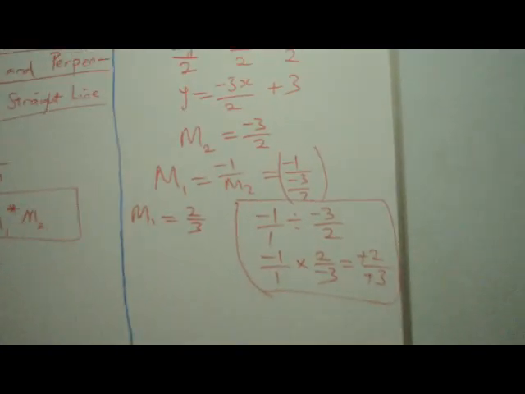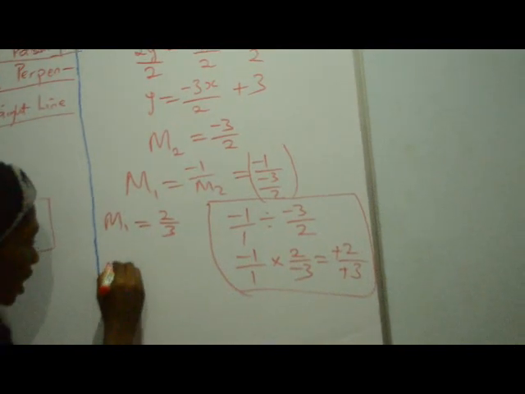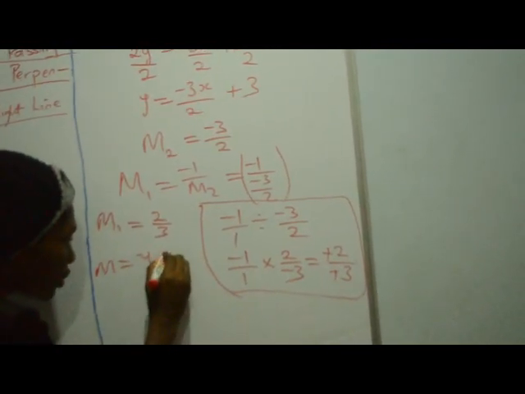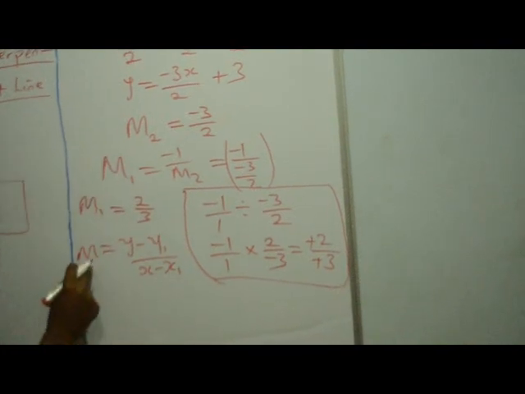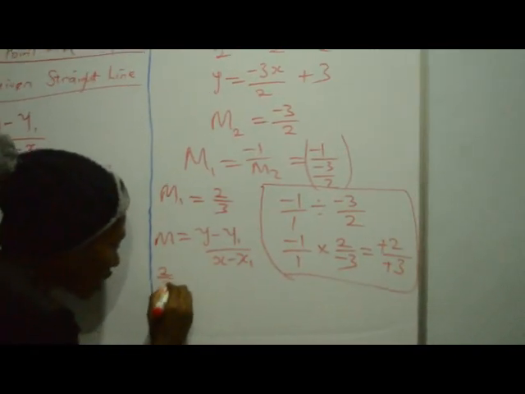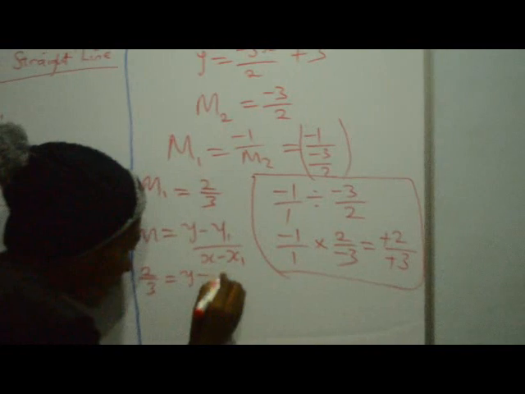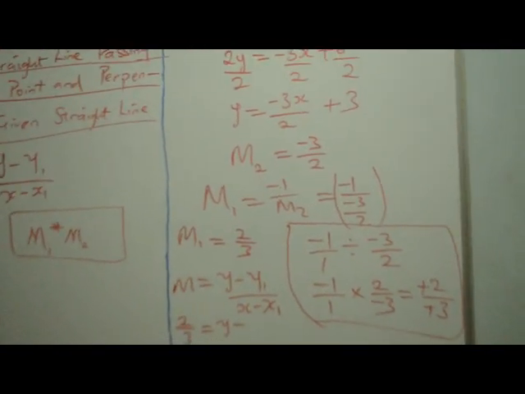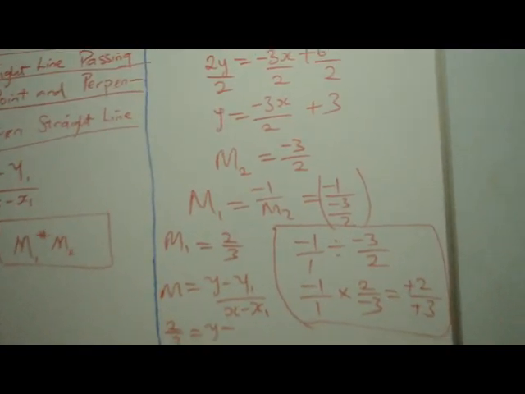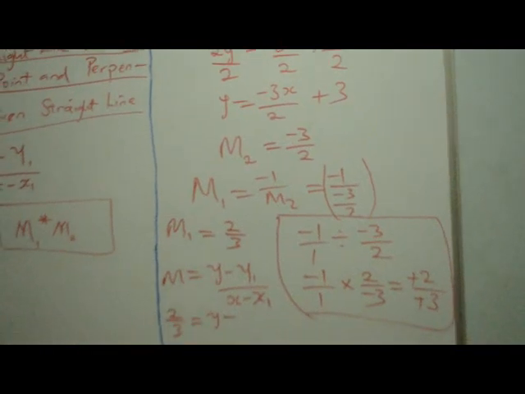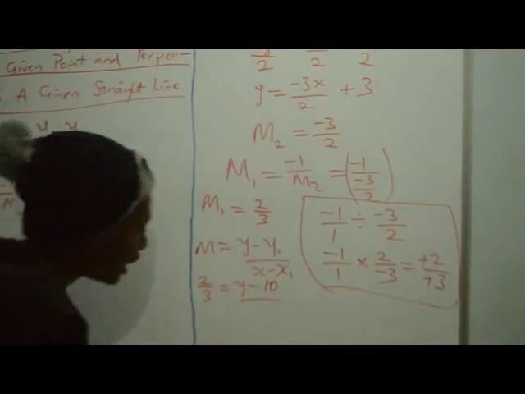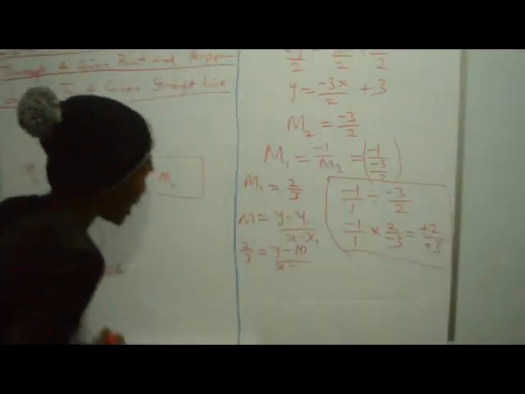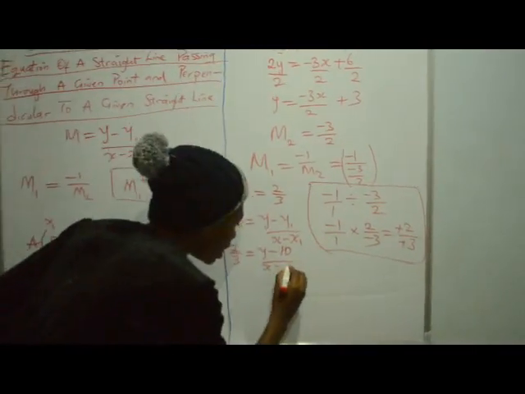We'll return back to our formula, which is m is equal to y minus y1 over x minus x1, and our m is 2 over 3, is equal to y minus, now like I said, this is x1, since we are leaving 1 point, this is y1. So this is our y1, y minus 10 over x minus our x1 is 5.